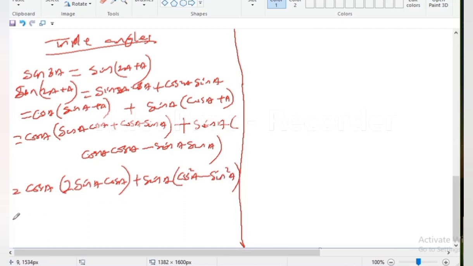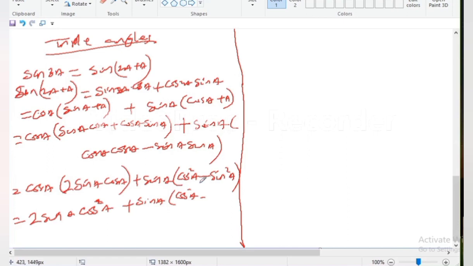Then for this, you can multiply this one out, so you have 2 sine A cos squared A plus, for this, at this particular place, you can substitute for sine or cos. Here you have sine A into bracket cos squared A minus, if you want to have them in terms of cos or sine, whichever.